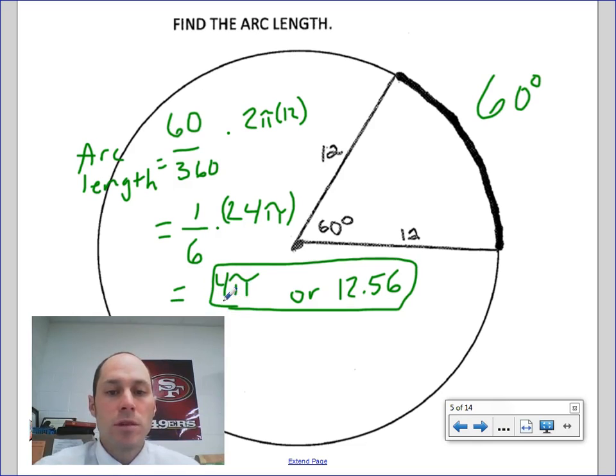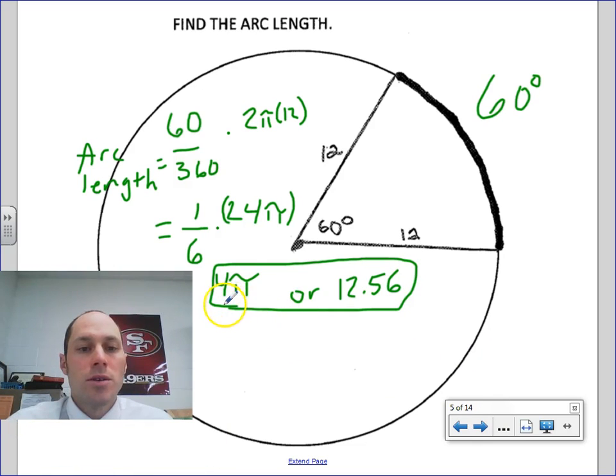So we could leave it in terms of pi, or we could approximate that. Okay, so that's our length. Don't get confused with the arc measure. This is the arc length. It tells us how far around this is, and this gives us our angle, what the central angle would be in a circle of that size.